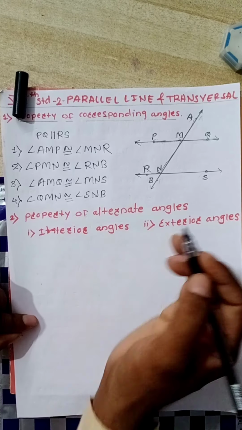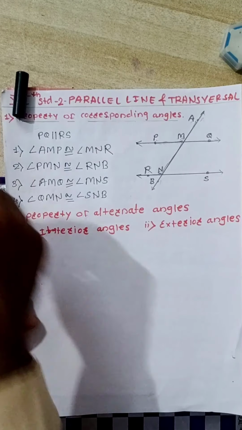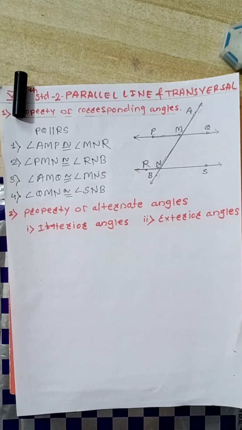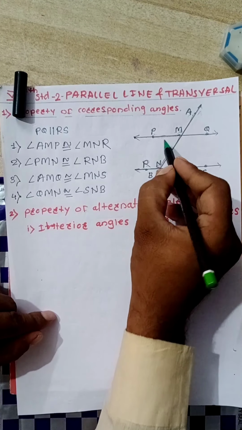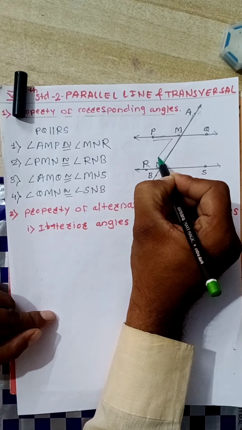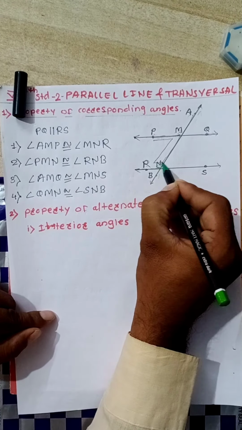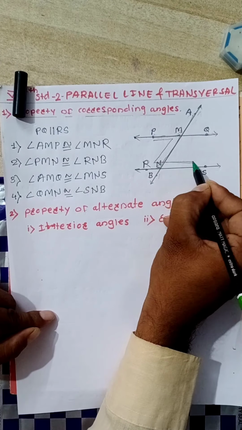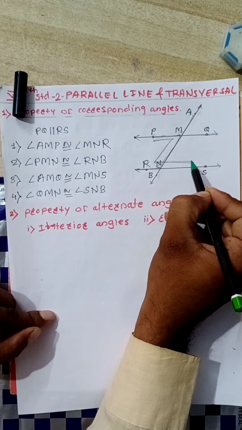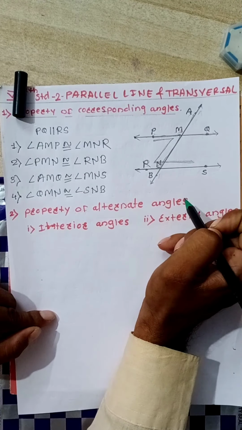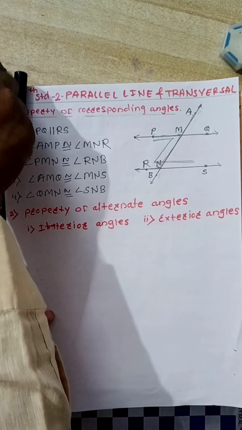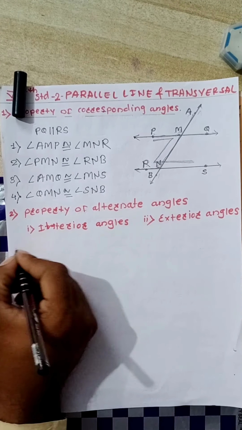Interior means this. This type, the shape of Z, is called interior alternate angles.